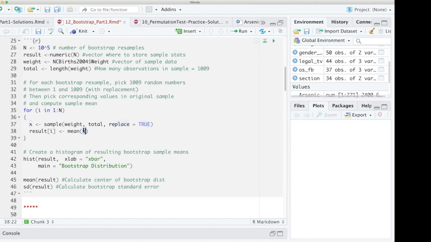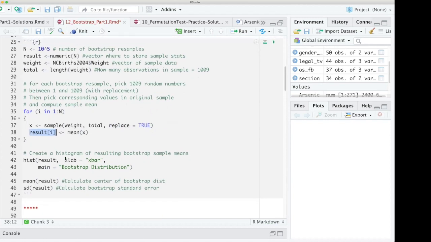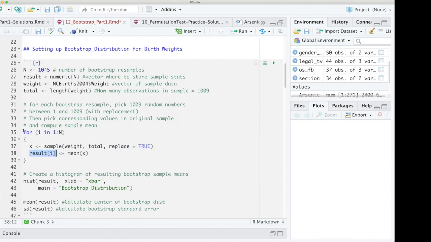Then once we get that sample, we calculate its mean, we store the mean over here, and then we plot it. So really the meat of it is in this loop over here, and the main thing that we changed was our sampling process.